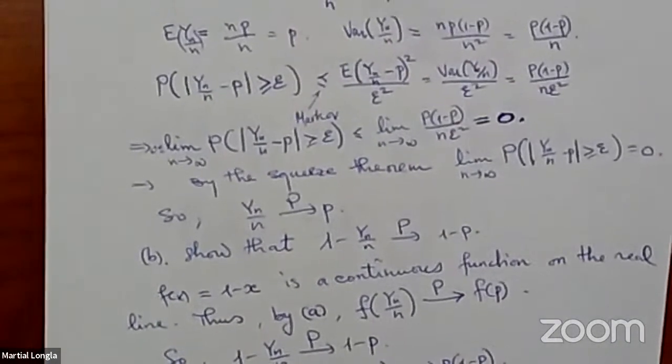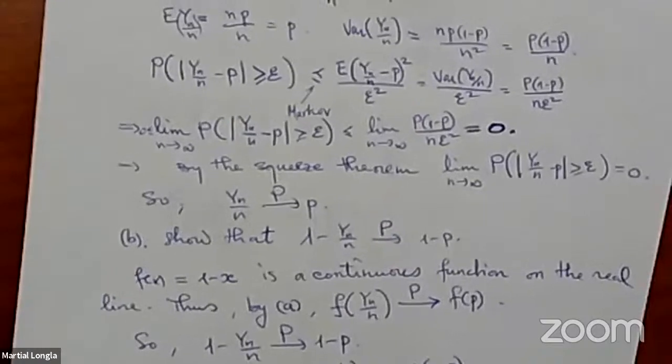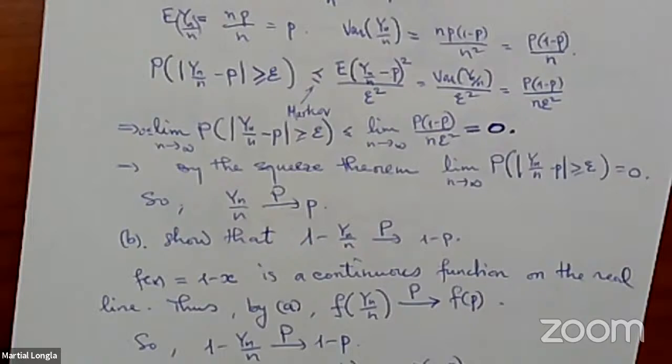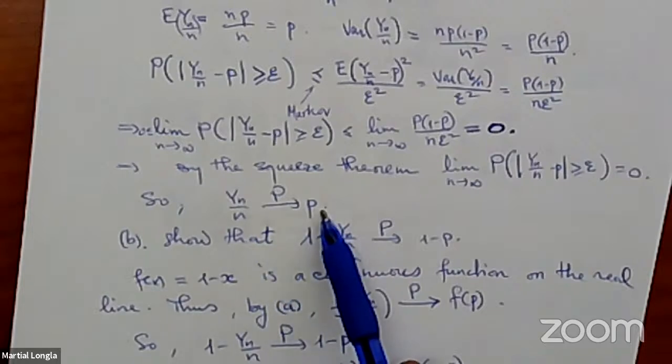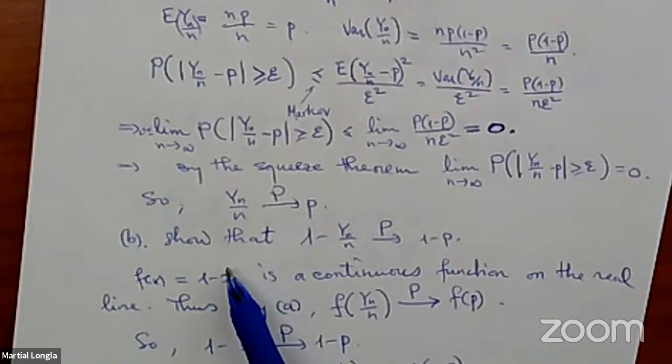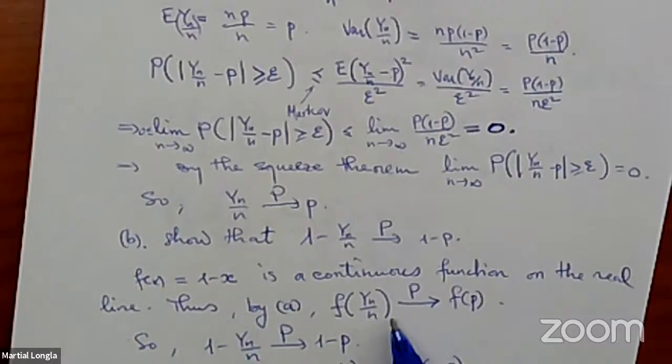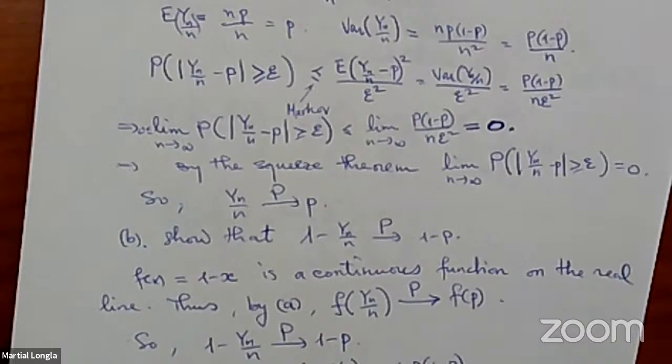Now the second part, after doing the first part, here I don't need to do as much work as I did there. Why? Because I gave you a theorem that if Yn converges to p and the function f is continuous at the point p, then f of Yn also converges to f of p. That's one of the theorems that we had.